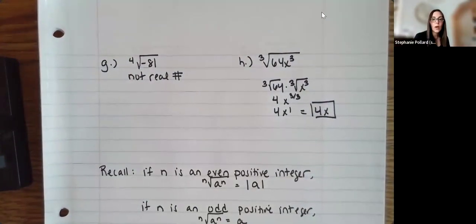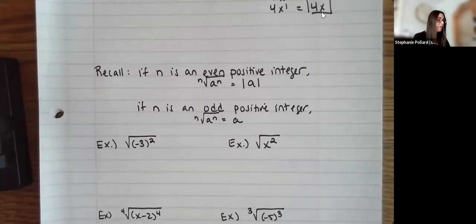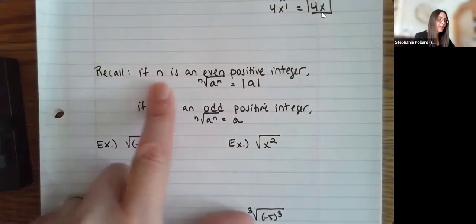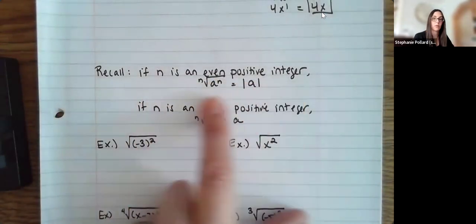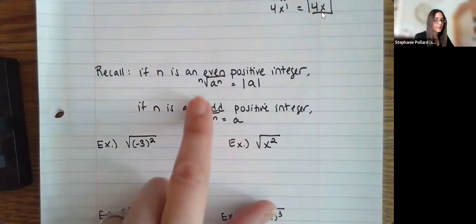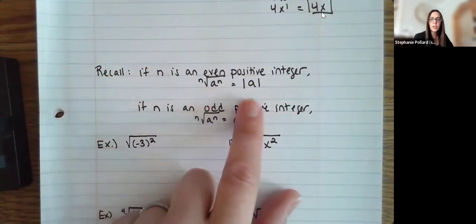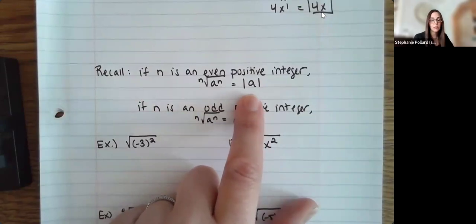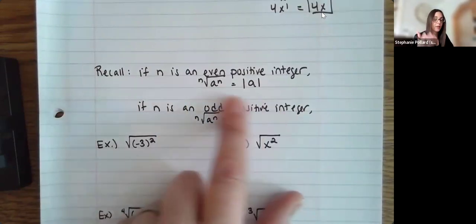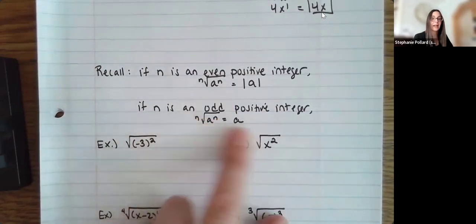All right, now one thing I do want to make note of and want you guys to recall is that if your n is an even positive integer, so like your radical is an even value, and you have the same exponent on the inside as you do the outside, then you actually have taken the absolute value of that answer, or of whatever number is inside. If n is odd, though, you can just write it as it is.